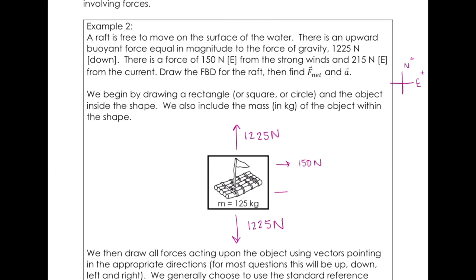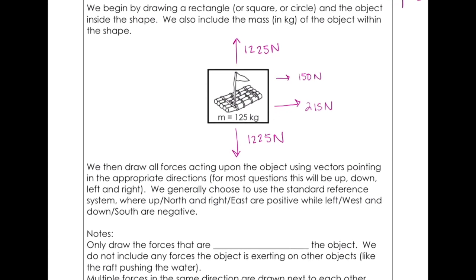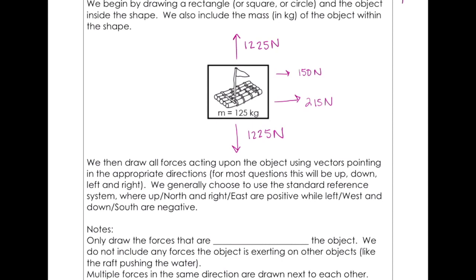And then we have a current in the same direction of 215 newtons. Now that we have set up all of the vectors in the appropriate directions, for most questions this will be up, down, left, or right. We generally choose to use the standard reference where up is north, right is east. We kind of already set that up.